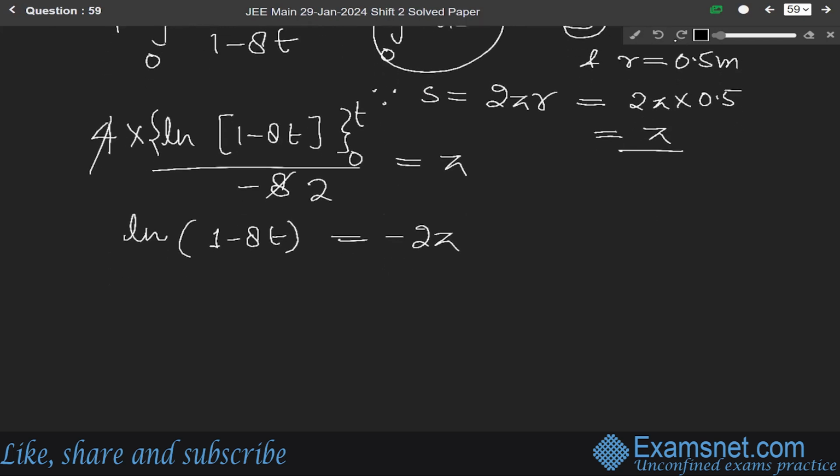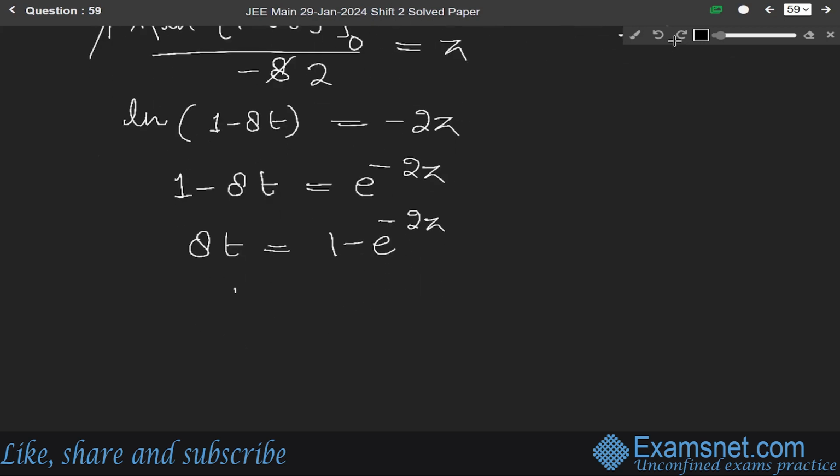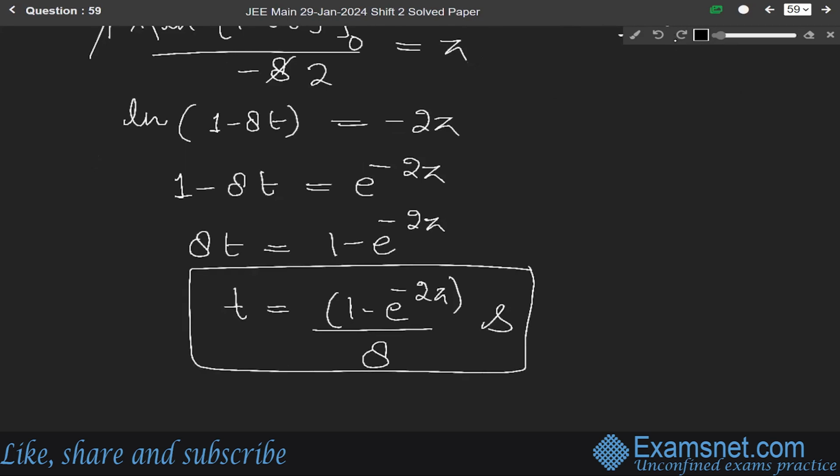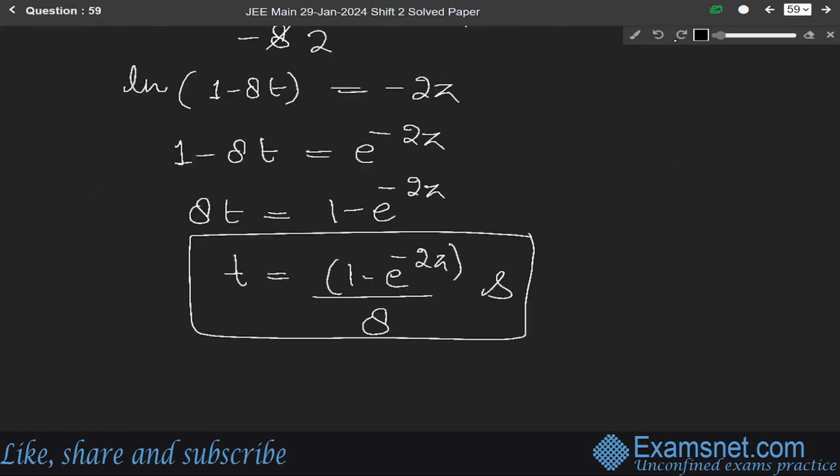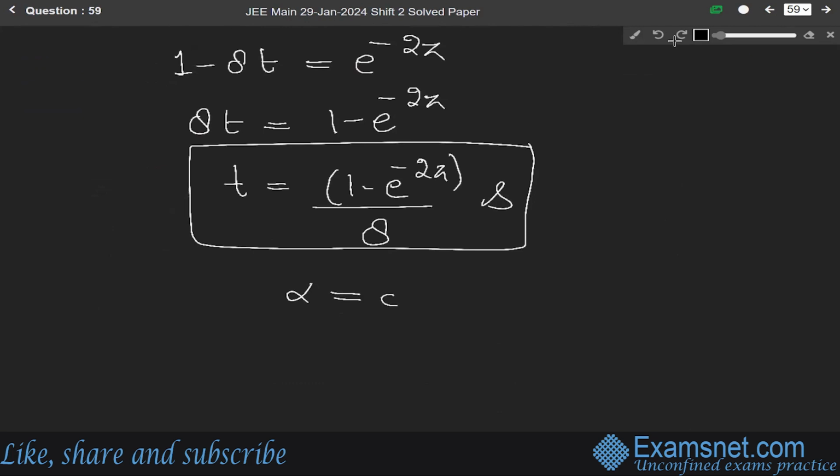So 1 minus 8t is equal to e to the power minus 2 pi. So 8t is equal to 1 minus e to the power minus 2 pi. So t becomes 1 minus e to the power minus 2 pi over 8 second. Comparing it with the given expression 1 over alpha into 1 minus e to the power minus 2 pi, the value of alpha is 8.